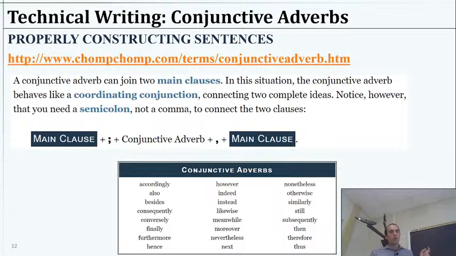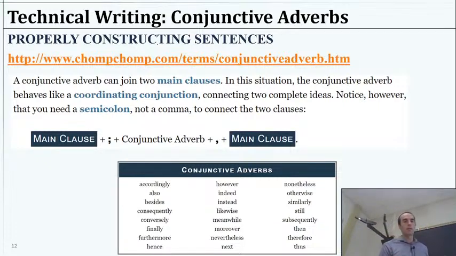Now, the other issue I see sometimes is the use of conjunctive adverbs. And here's a list of them. So, accordingly, however, indeed, hence, moreover, therefore, consequently, similarly, still, all of these pieces that we might put at the beginning of a sentence, or perhaps the beginning of a second clause to a sentence.